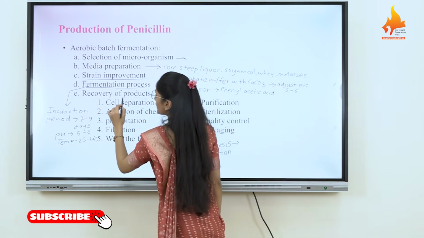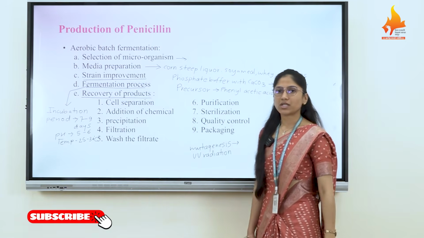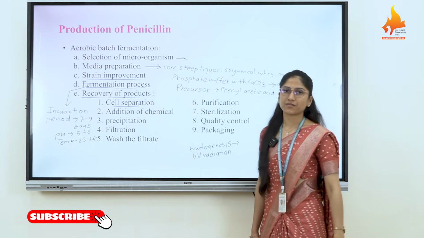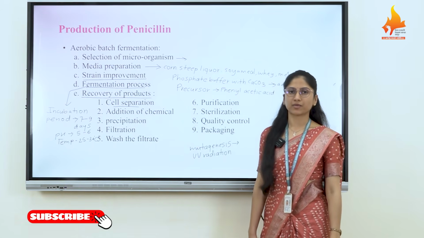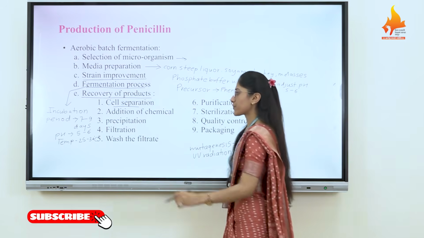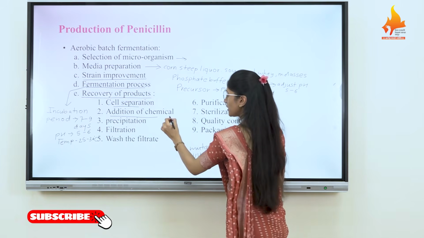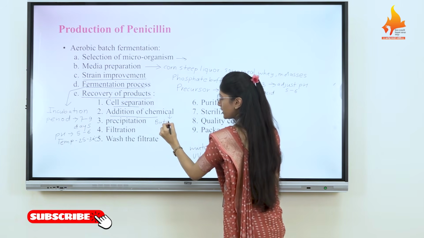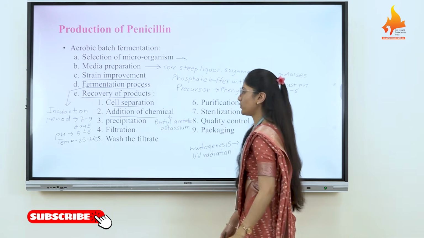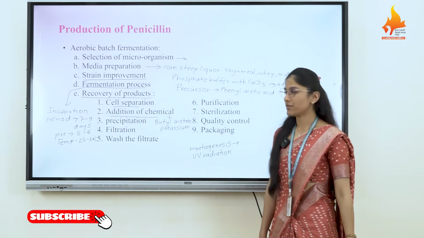Last step is recovery of product. Under the recovery of product, first we separate the cells by using centrifugation and filtration techniques. So there is the removal of microbial cells. Second, we add some chemical compounds, that is butyl acetate and potassium, to that particular filtrate.